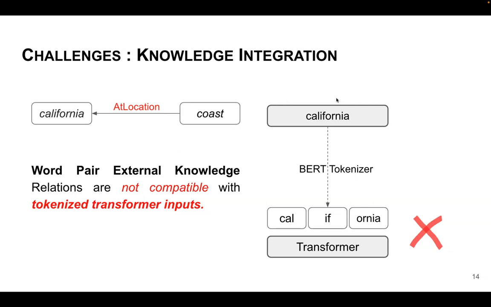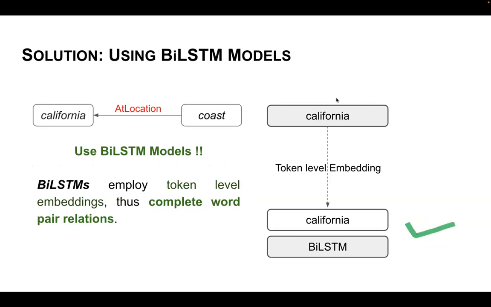If we want to still maintain the California and coast relation, we switch our embeddings to the token level, and at the token level, it has been seen that BiLSTM really works well. This is shown in earlier work, also commented on by some: if you have a limited amount of knowledge in structured form, that knowledge can work well and embed really well with a BiLSTM model.